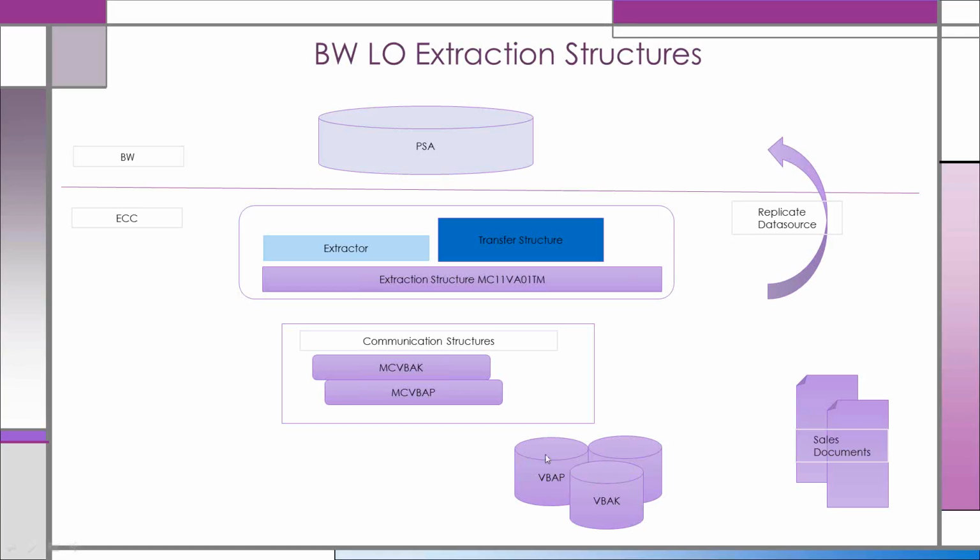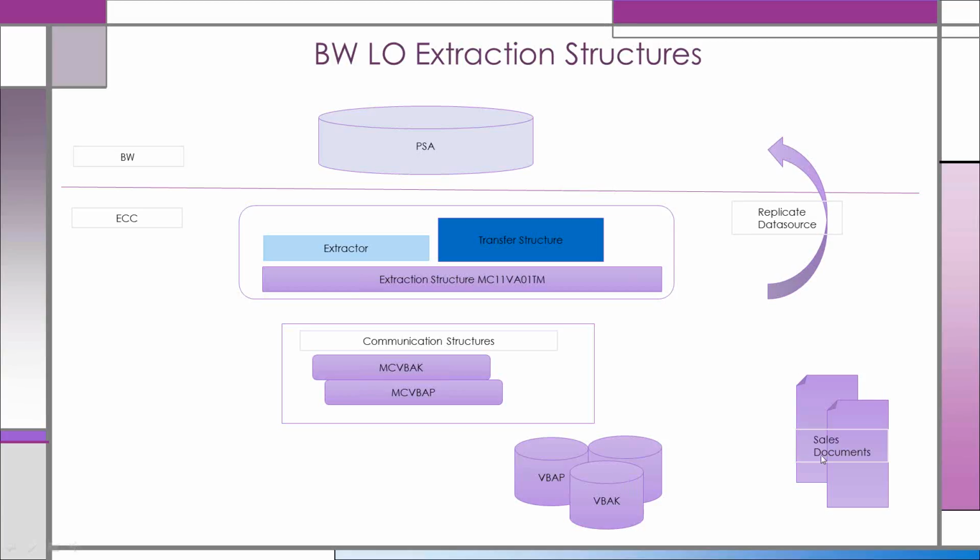The same data is stored in a structure called the communication structure. This structure only will talk to the extraction structure. I will explain everything about this when we do the practical session. Then at that time you'll be able to know what I'm talking about.